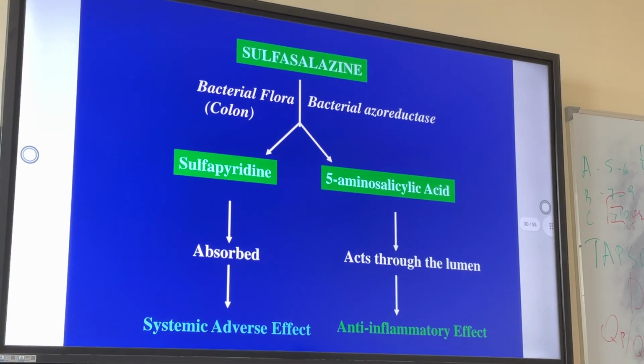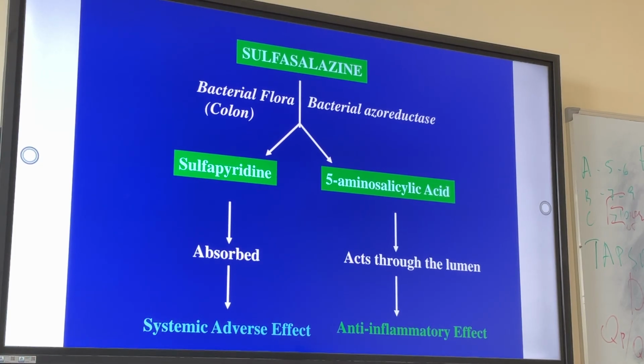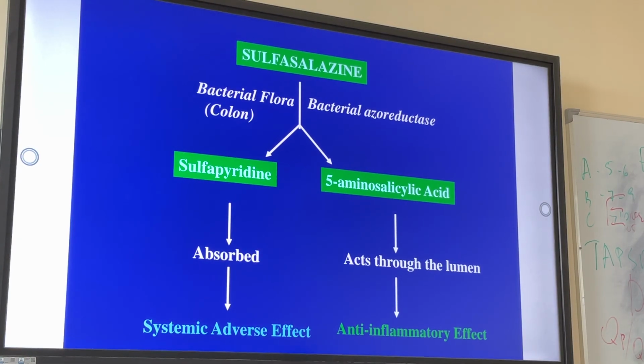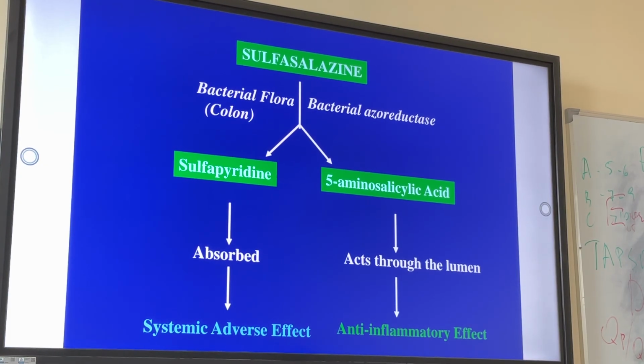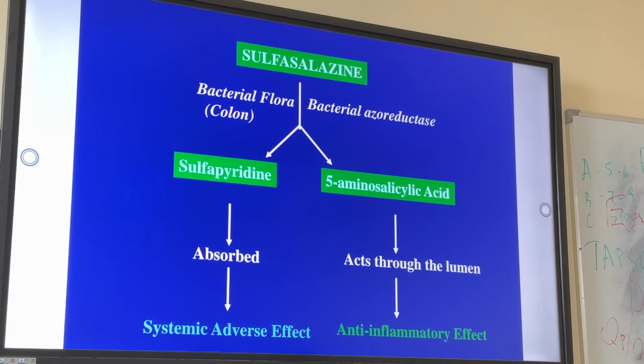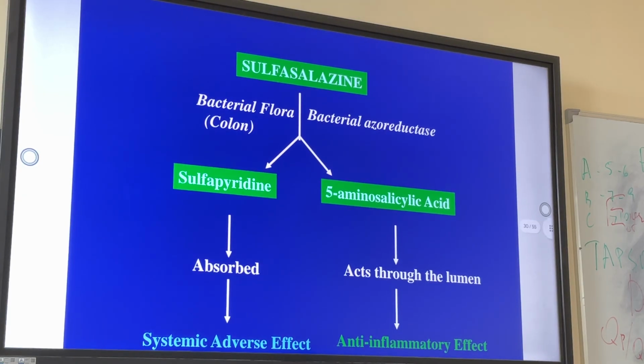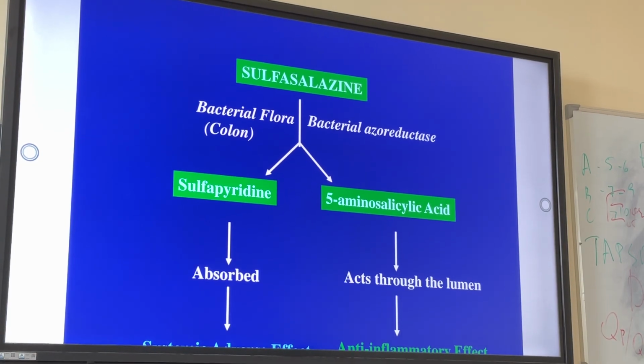Sulfapyridine is absorbed and has systemic adverse effects, but also systemic anti-inflammatory effects. And 5-aminosalicylic acid acts through the lumen, so locally, and has a local anti-inflammatory effect. So we have a systemic anti-inflammatory effect and a local anti-inflammatory effect. This is what concerns the treatment options.